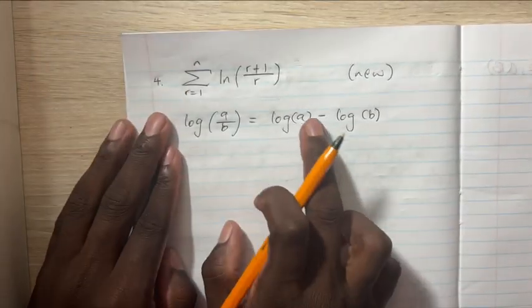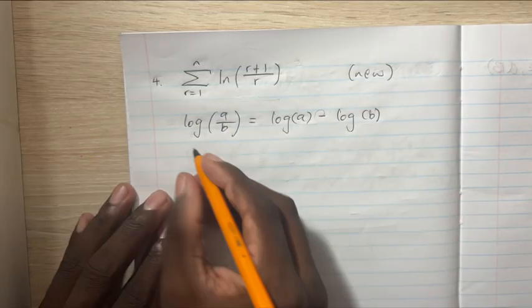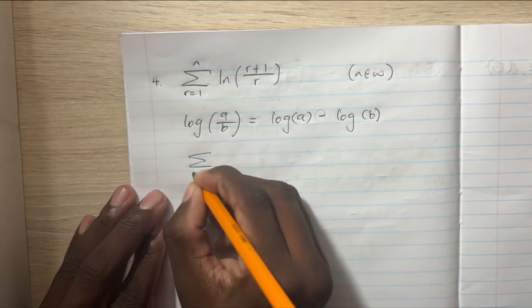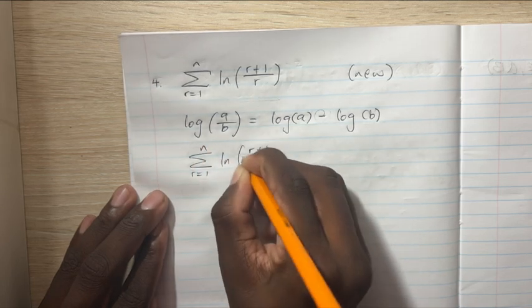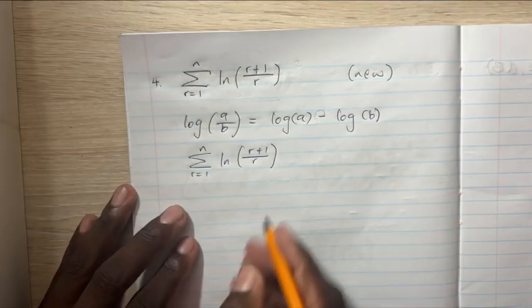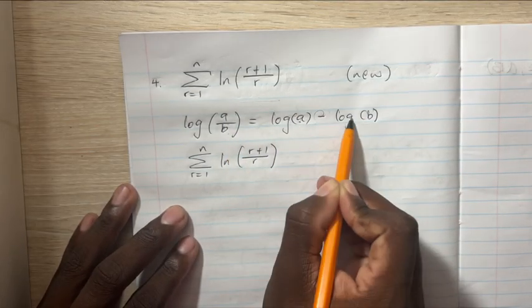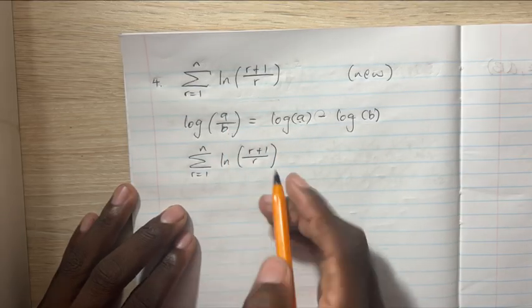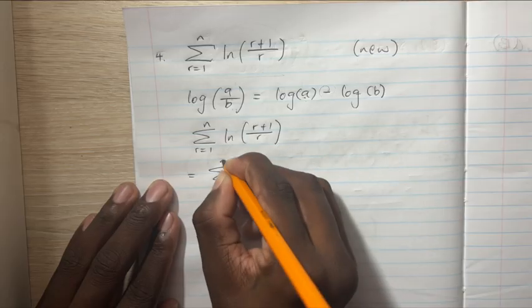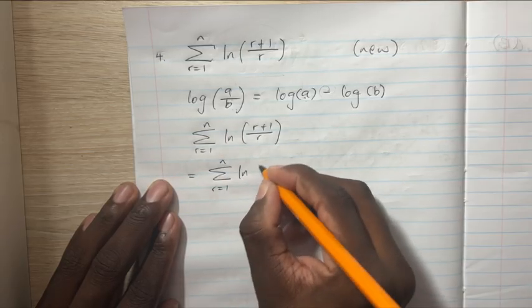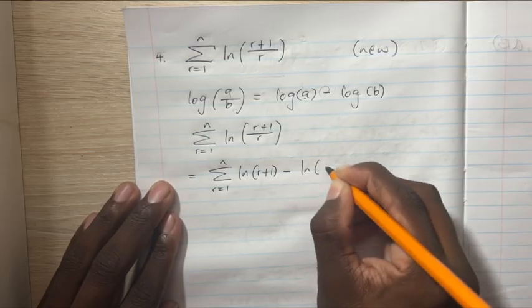So let's try to apply this. The logarithmic laws can give us the negative. So we have sum from r equals 1 up to n of ln (r plus 1) over r. We apply this logarithmic law, numerator and denominator. That means we have sum r equals 1 up to n of ln (r plus 1) at the top minus ln r.